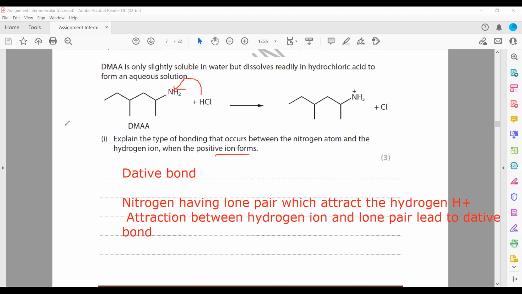So it is like NH2, there is a lone pair here, and because HCl acids are proton donors, it will donate its proton, the H plus ion, and this H plus ion is attracted towards the lone pair and leads to formation of a dative bond.